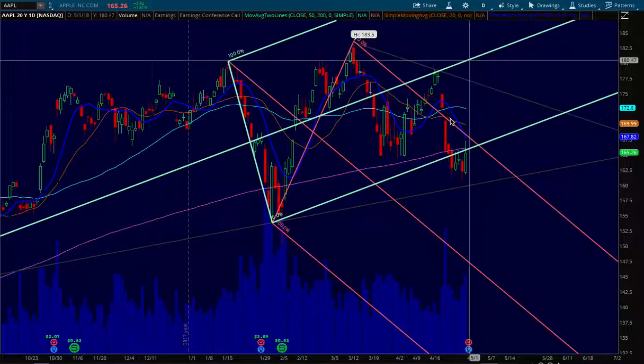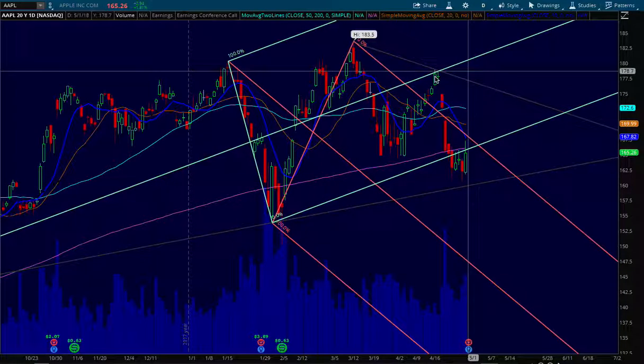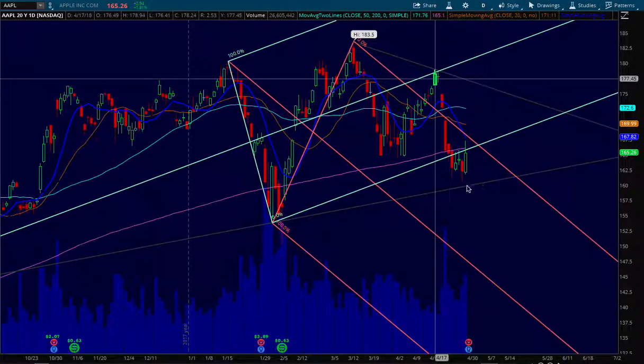You can see that we have a huge gap here that needs to fill, and another huge gap here that needs to fill, and we have a downtrend from off of the all-time high that needs to get taken out. But what happens once we cross that trend line? Well, we're going for this median line once again and taking out this high that happened back here earlier in the month.